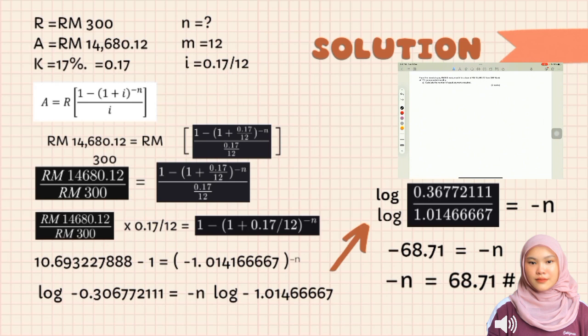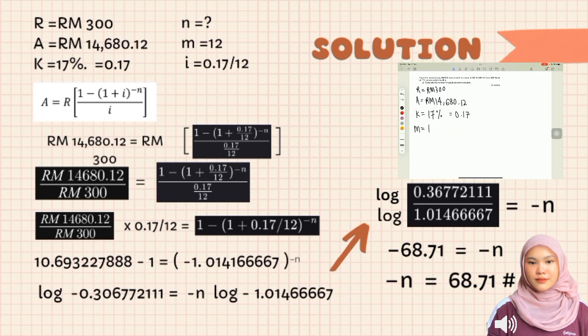So the information that we get from this question is R equal RM 3000, A RM 40,680.12, K equals 17%, which means 0.17.